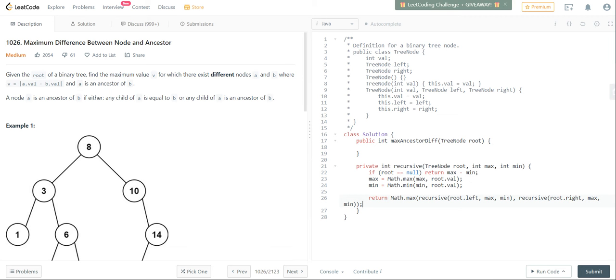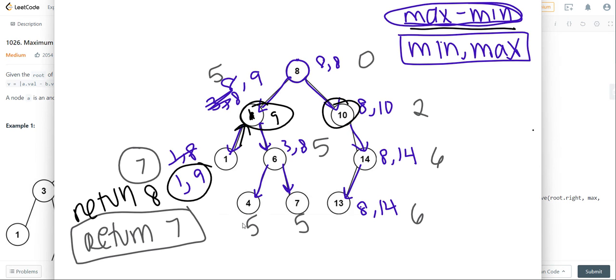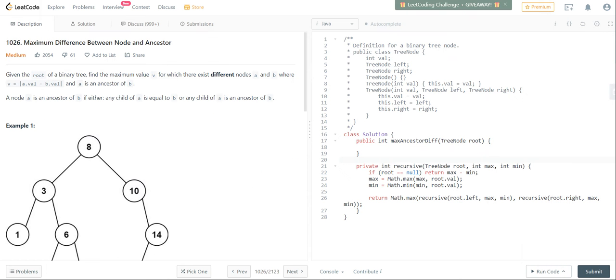And because we already returned max minus min here, that's why this is able to work, because we're just going to go down into those very last nodes. We're going to find the max and min in those areas, and then we're going to return recursive.